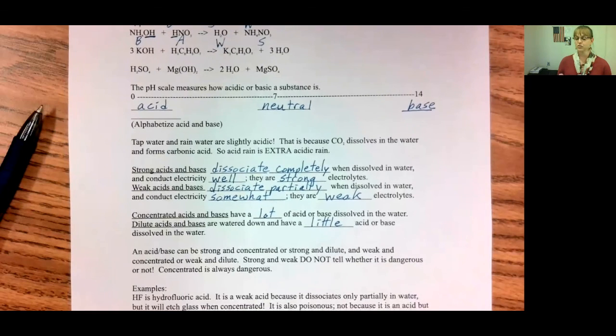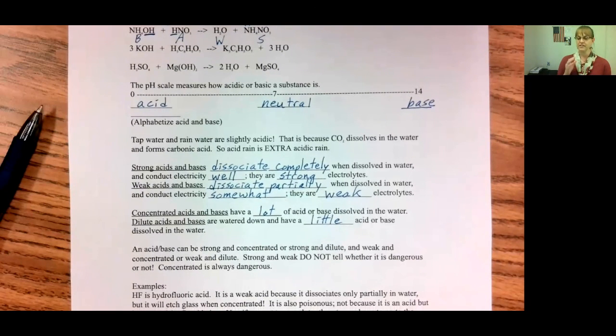A strong acid or base will dissociate completely, conduct electricity very well, and it is a strong electrolyte. Strong electrolytes dissociate completely and conduct electricity. So a strong acid is a strong electrolyte. Sodium chloride is not an acid or a base, it's neutral, so it's just considered a strong electrolyte. Then you have weak acids and bases. Weak acids and bases dissociate partially.